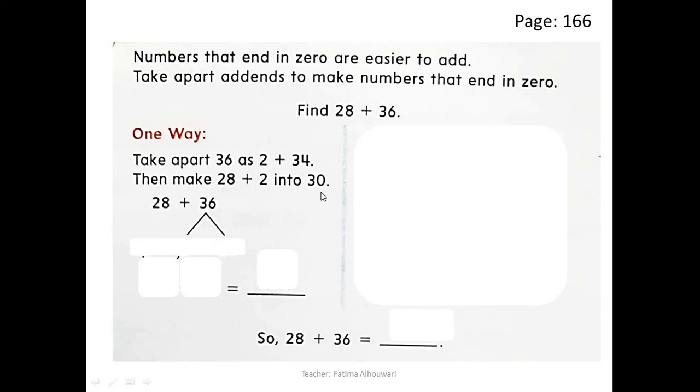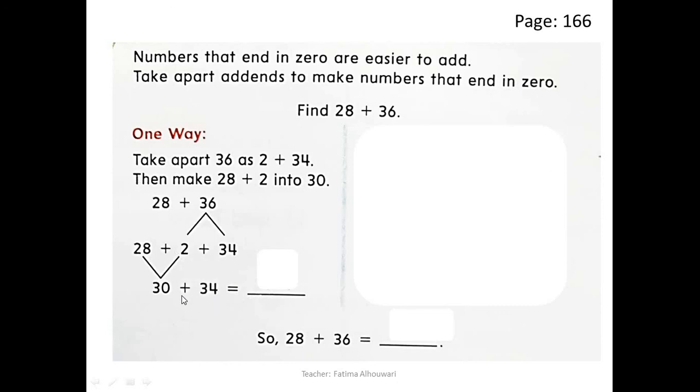28 plus 2 equals 30. Again, we will take apart number 36 to 2 plus 34, and this one will be as is. Now we can add these two numbers. Now we have 30 plus the last number, which is 34.